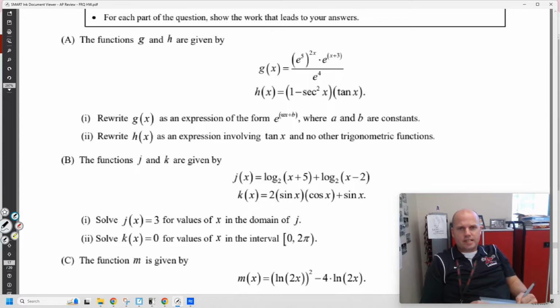Okay, write it as e to the ax plus b. So we're going to use our exponent rules. Power to a power, we multiply. When we're multiplying, we add. This is very much just like log properties.